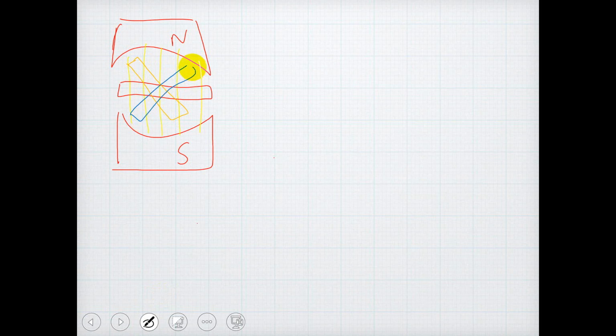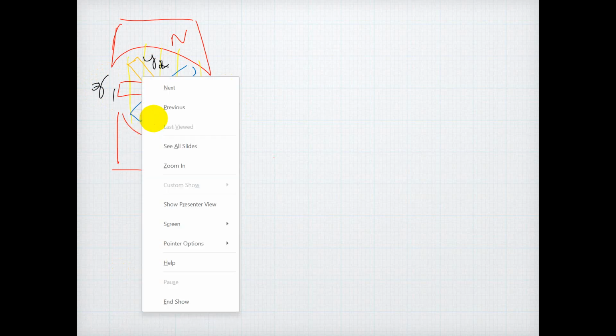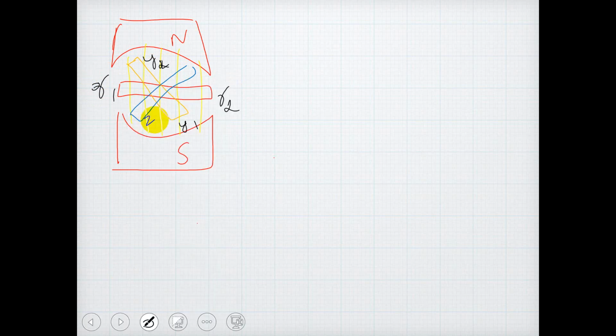Okay. So if you observe this, let me indicate this one as R1, R2, and this one as Y2, Y1, and this one as Z1 and Z2.